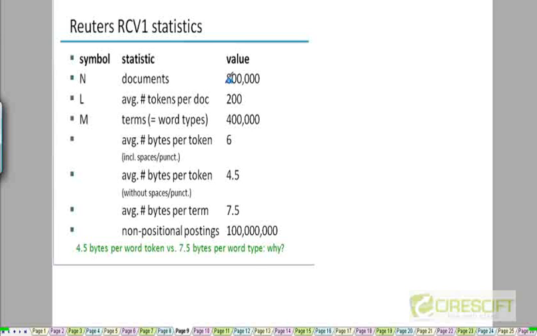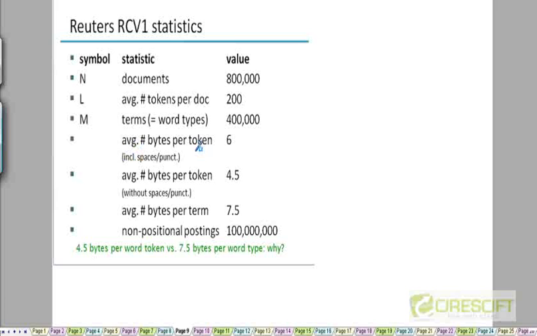We're going to assume that the average number of words in a document is about 200. We'll assume that we have about 400,000 distinct terms in this collection as a whole. So this is going to be the size of the dictionary, 400,000 terms.